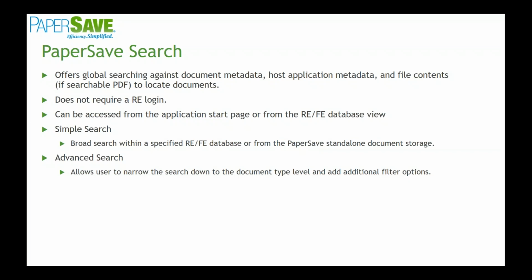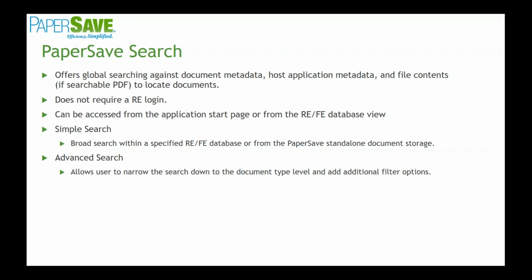So let's say that you've configured fields at the document type or workflow level. You can search against those. Or even if you have searchable PDFs in your database or in your system, you can search against the content of the document itself as well. This, again, does not require an RE or an FE login. You can access it directly from PaperSave.